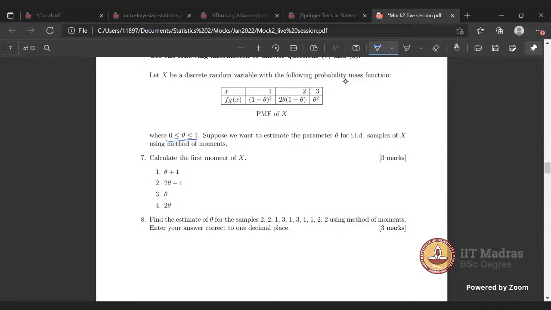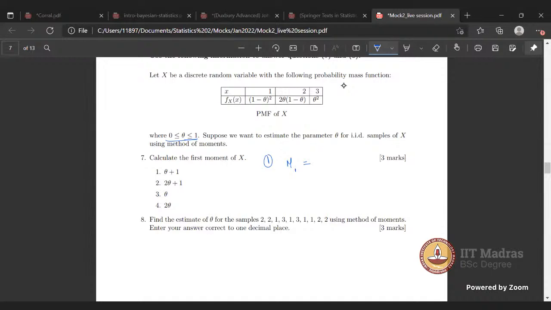We have to estimate this parameter using the method of moments. Whenever we do that, the first thing is we find the first moment. What is the first moment? The first moment is always the expectation. So the first moment M1 is nothing but the expectation of x.